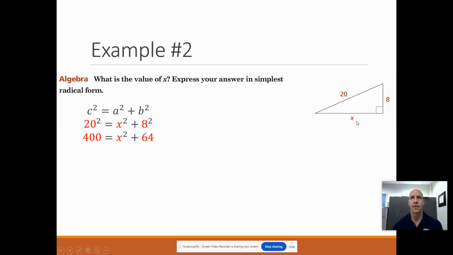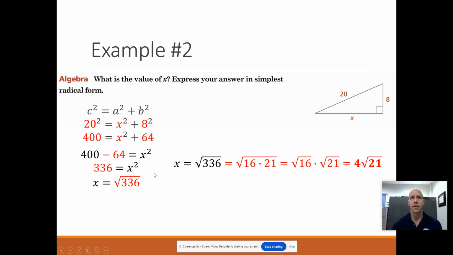I left this length here for a, and then the other leg is 8. So we square, then subtract the 64 over to the other side, and 400 minus 64 is 336. Again, we're just going to deal with the principal root of 336.